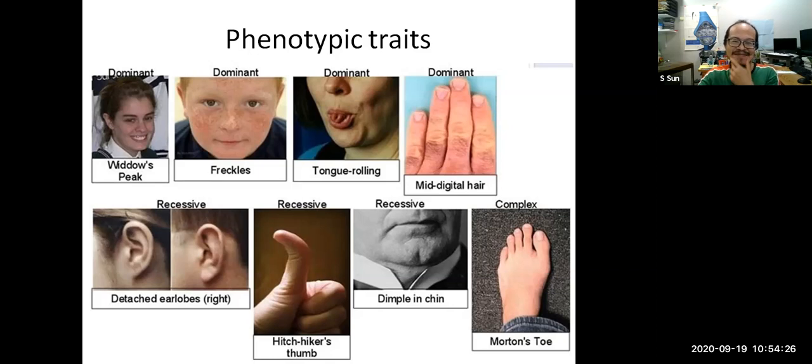Also Morton's toe. All right, so those are different traits, okay? Different phenotypes mean different traits. Each trait is represented by two alleles. They are fighting to show freckles or not, tongue rolling or not, okay?